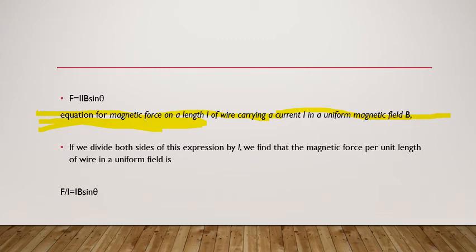Now, if we divide both sides by L, we can calculate the magnetic force per unit length in the wire. F/L is equal to I B sin theta, which is called magnetic force per unit length. Here what we did, we have just extended the magnetic force that we discussed from the Lorentz force for a single charge to a wire.